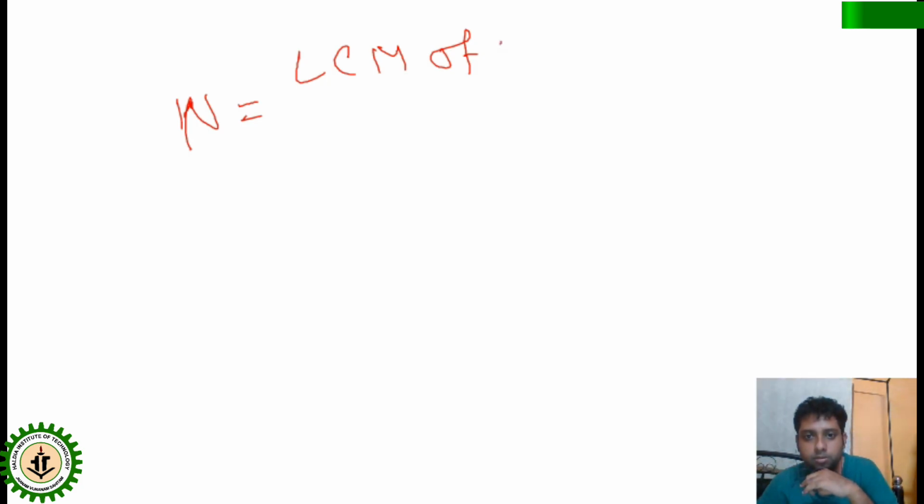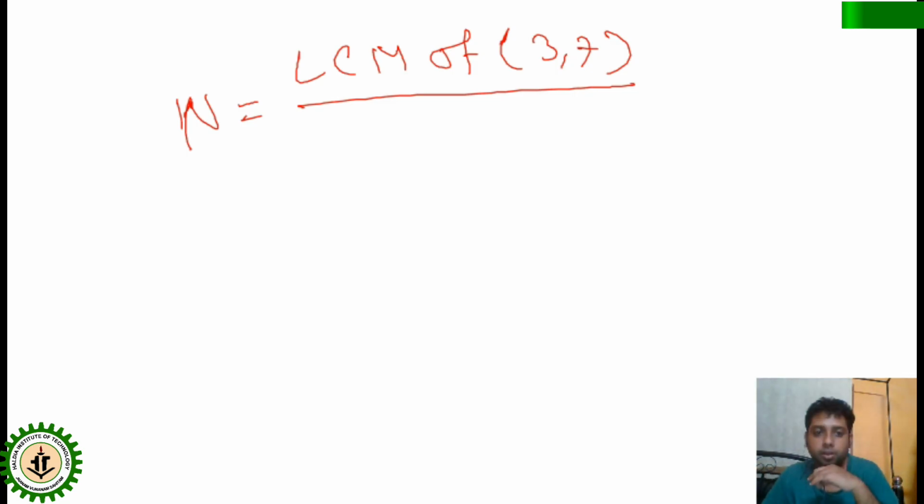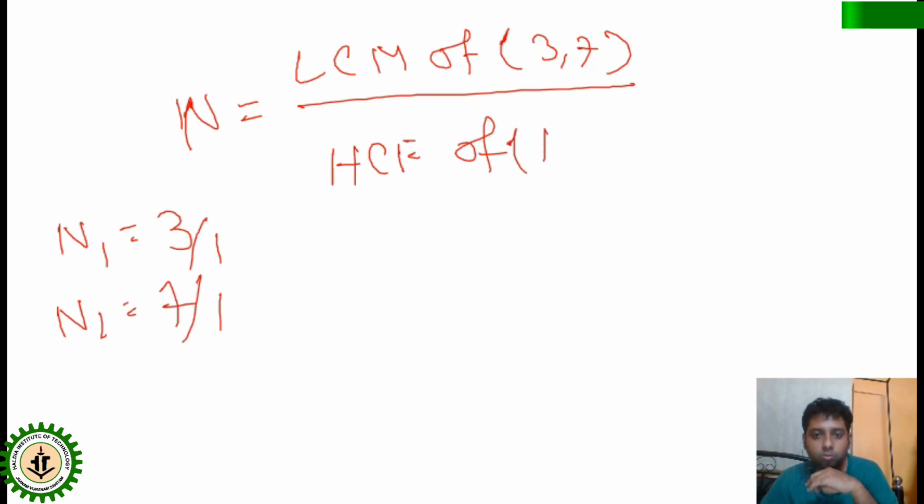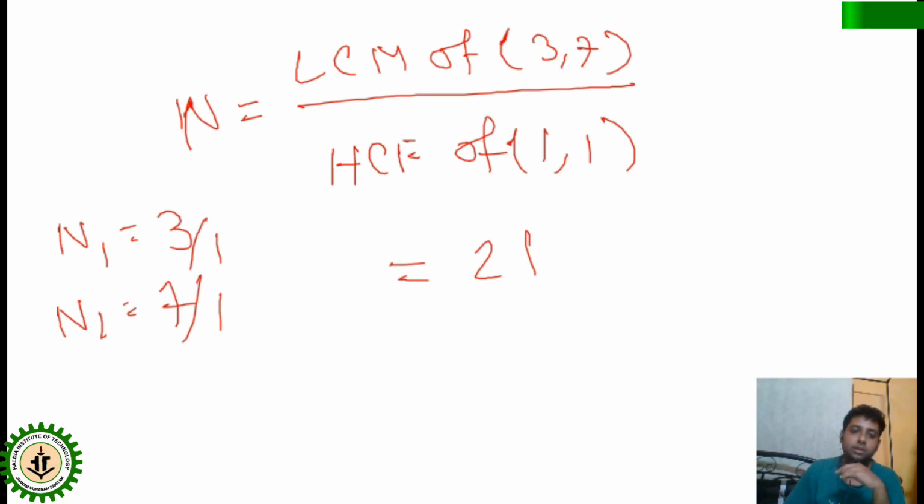That is LCM of 3 comma 7, and HCF of the denominators, since n1 is 3 and n2 is 7, that is 3 by 1 and 7 by 1. So LCM of 3 comma 7 and HCF of denominator 1 comma 1, that is 21. So the fundamental period of the overall signal is 21. The signal is periodic with a fundamental period 21.